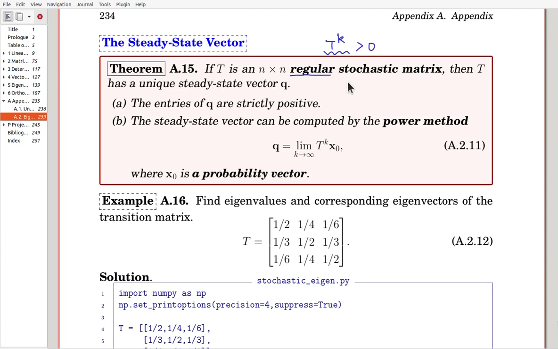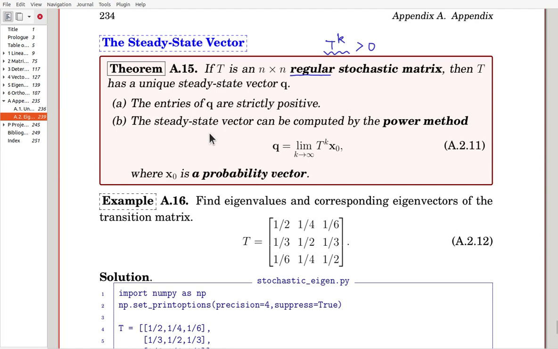Then it is called a regular stochastic matrix. Once the stochastic matrix is regular, it has a unique steady state vector Q, and the entries of Q are strictly positive.